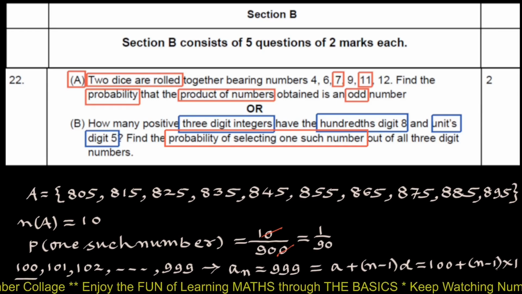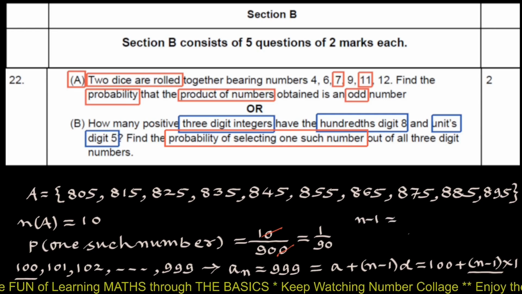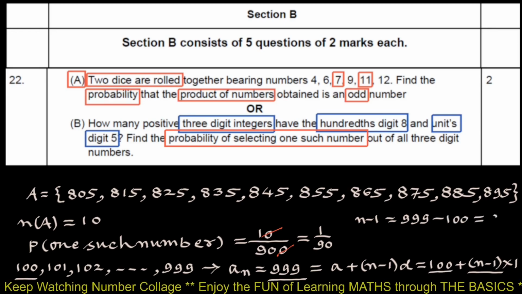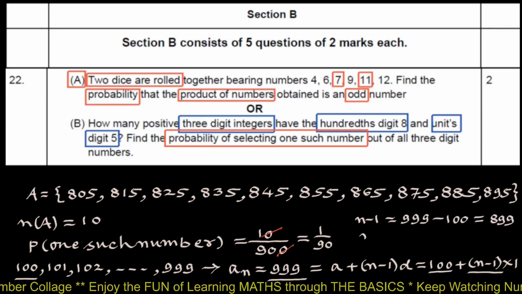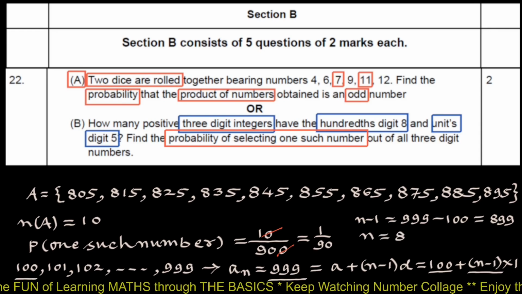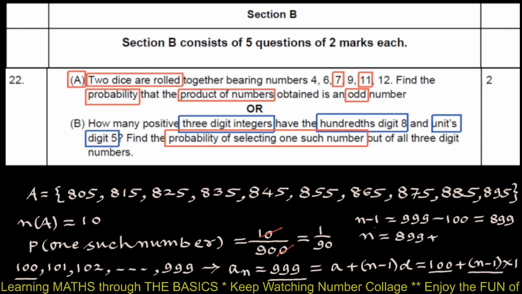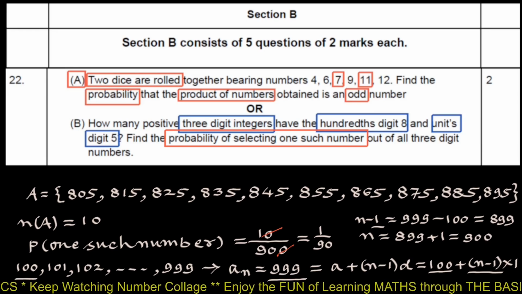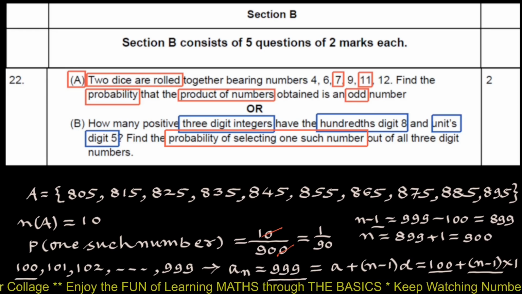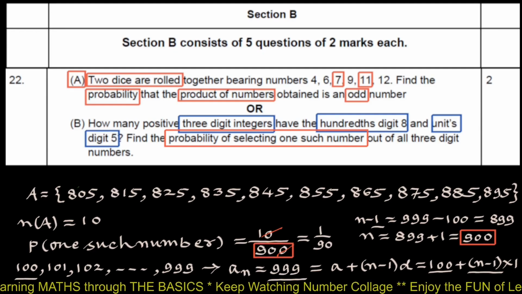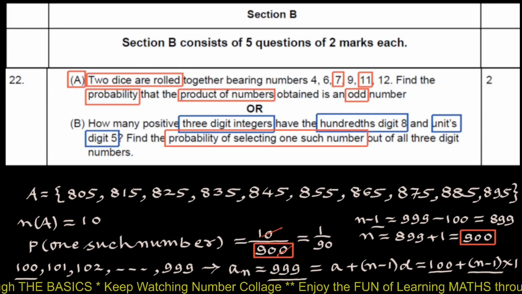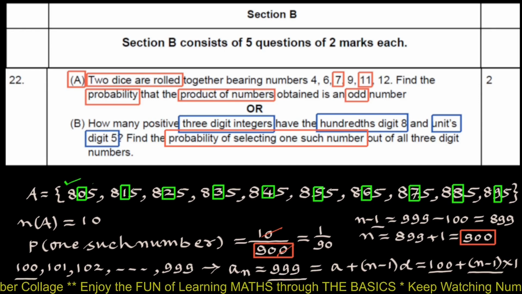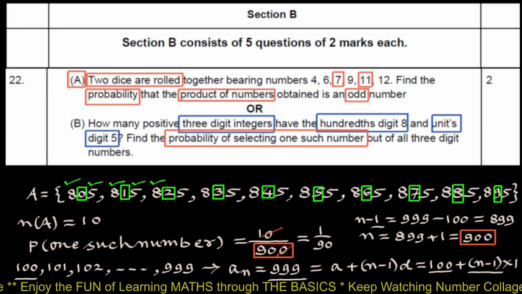So this gives n minus 1 equals 999 minus 100, 899. So the total number of 3-digit numbers n will be 899 plus 1, 900. So this is how we find the total number of outcomes, 900. Please note only the digits in the tens place 0, 1, 2, etc. have changed. 8 and 5 remain the same everywhere.